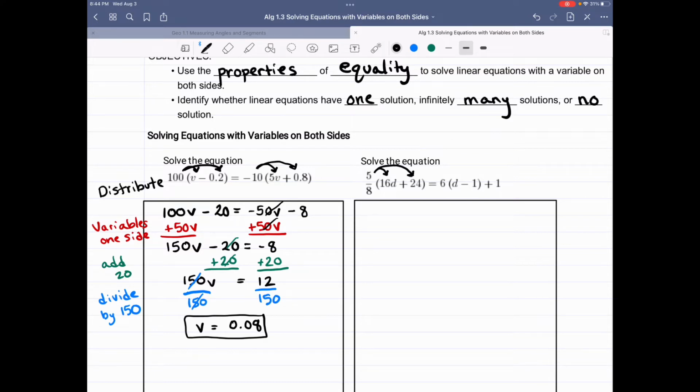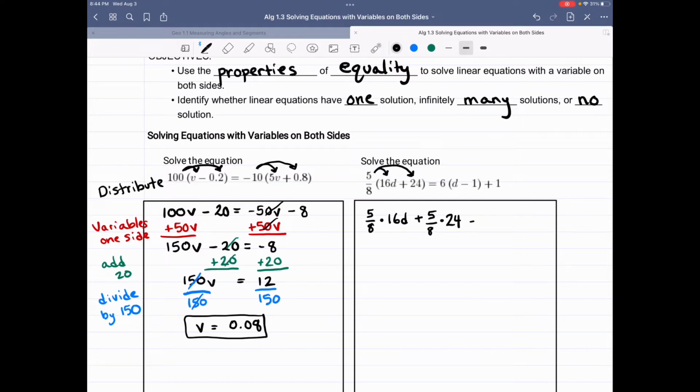So our first step again is going to be distribute. So we will distribute on this side first. That means we're going to multiply 5/8 times 16D, and we're also going to do 5/8 times 24. That's distributing only on the left side of the equation.